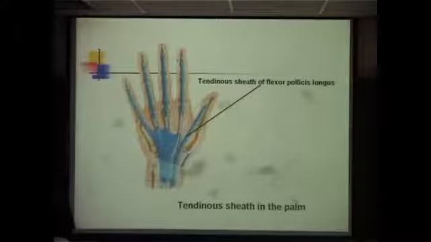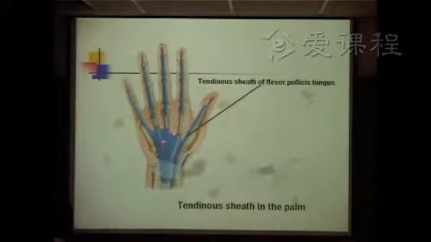And you can know from this figure the tendinous sheath in the palm. The flexor digitorum superficialis and profundus has a common synovial sheath like this, and the flexor pollicis longus has its own tendinous sheath like this.